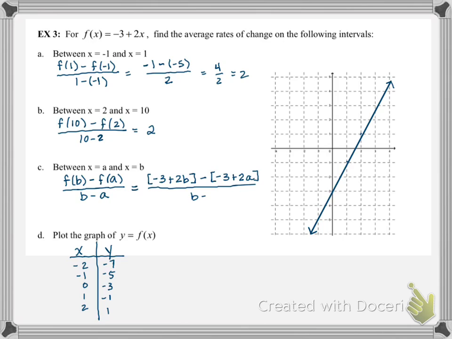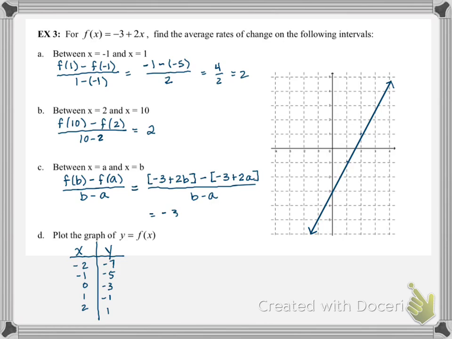Over b minus a. Notice that I put those both in brackets because the first one you actually don't really need the brackets, but that second one you have to distribute the negative. So you need to put all of f of a in parentheses or brackets. You can use parentheses, I don't like brackets.